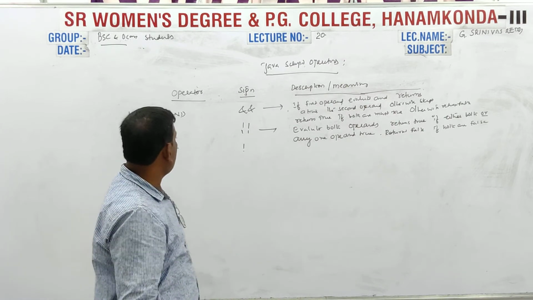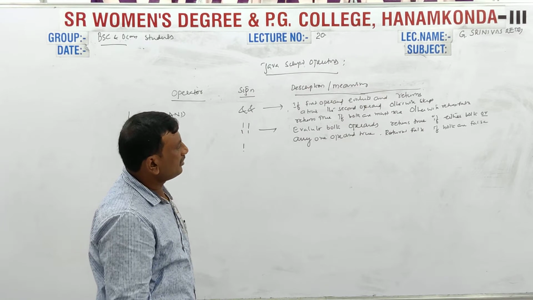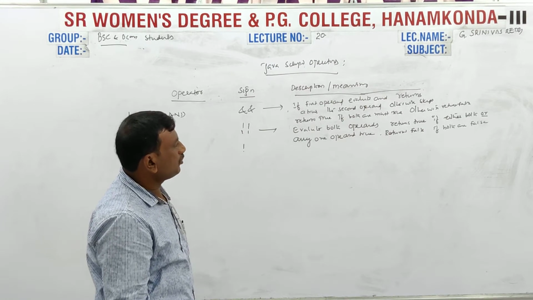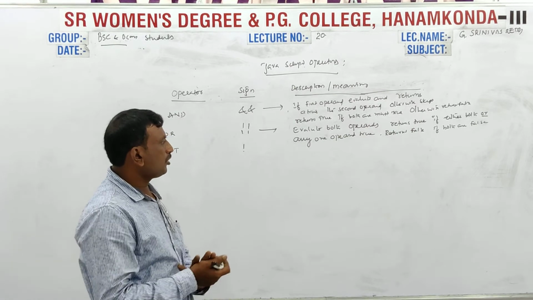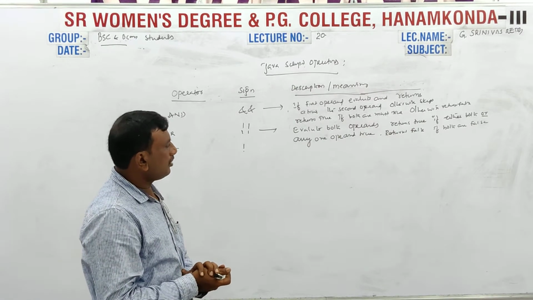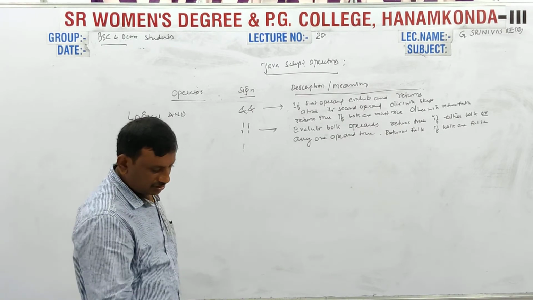To summarize, logical AND: if the first operand evaluates and returns true, the second operand is evaluated, otherwise it skips; both must be true, otherwise it returns false. Logical OR: evaluates both operands and returns true if any one operand is true, and returns false if both are false.